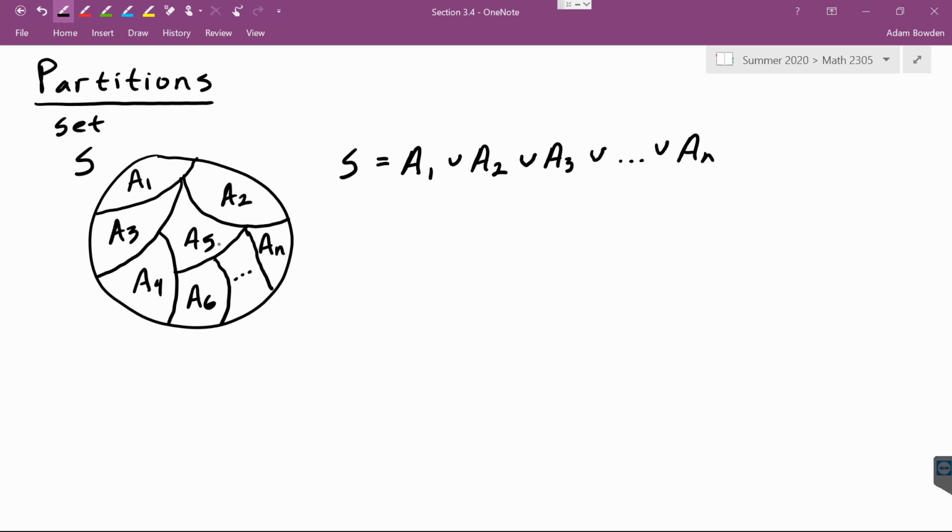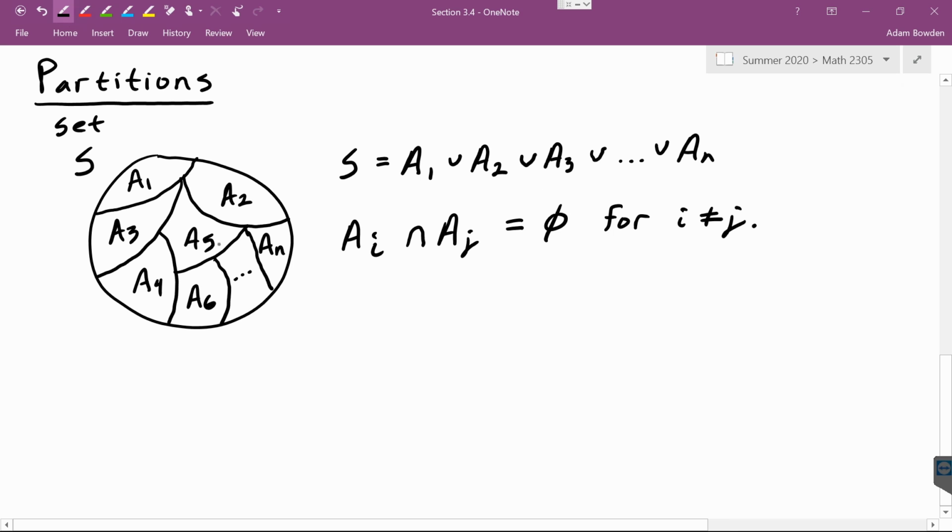I'm not missing any part of the set S, in other words. And also, each of these A sets that I've cut up the set S into don't overlap with each other either. So one way of denoting that is A_i intersect A_j is equal to the empty set for any two sets where i is not equal to j. So for two different sets in the set of partitions.